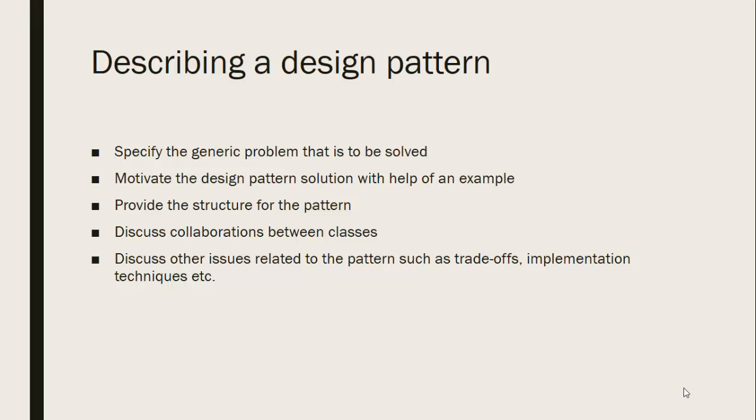And then we have to discuss the collaborations between classes. That is how classes and objects in the programs will interact with each other. And then we need to study other issues that are related to the pattern design, such as trade-offs or implementation techniques related to each programming language.